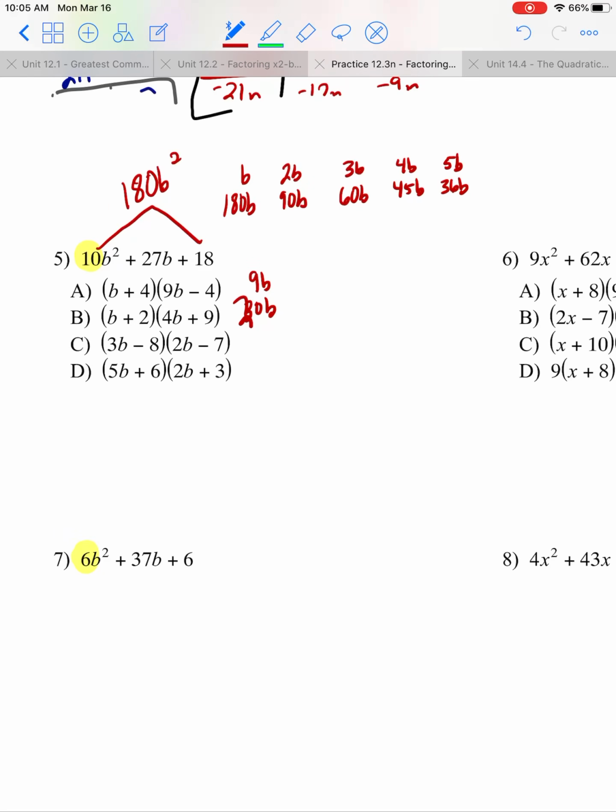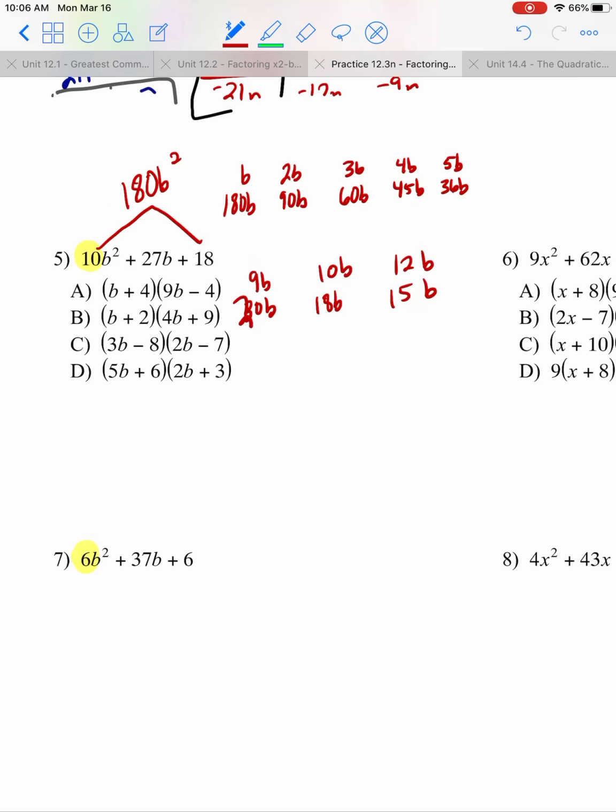And it will be 10b and 18b, 12b and 15b.